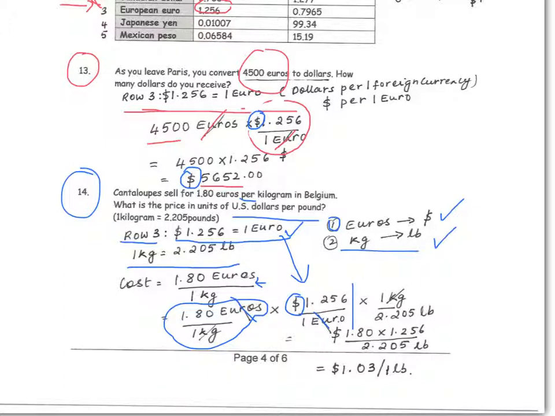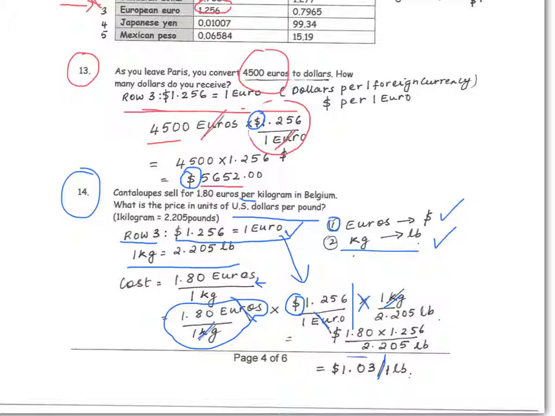Now we need to change the kilograms to pounds, so we multiply with 1 kilogram over 2.205 pounds. We want pounds in the denominator because we want our answer per pound. The kilograms get cancelled and we get what we want.